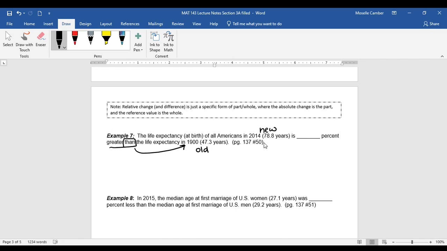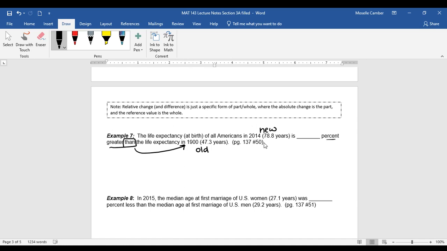So, I mean, we can also look at the time here, right? Because 1900 was our older value, this is going to be the old, and 2014 is the new. But just because it has those numbers, remember this then is going to tell you exactly which one your old is.